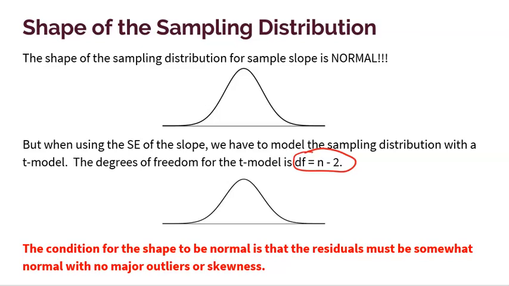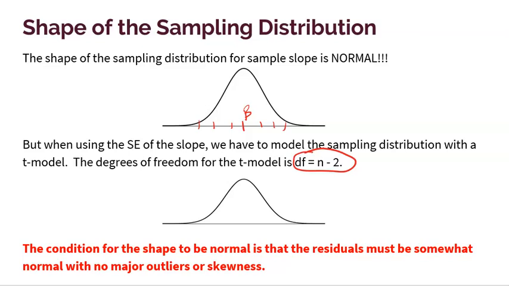All right, now, the condition that allows this to be true. Let's walk through it. Right smack dab in the middle is going to be the true slope of the entire population. We want to go up, up, up, and down, down, down by standard deviations, but again, we're going to use standard error, which is why we've got to use a t-model. Just a little shorter and more spread out. No big deal.